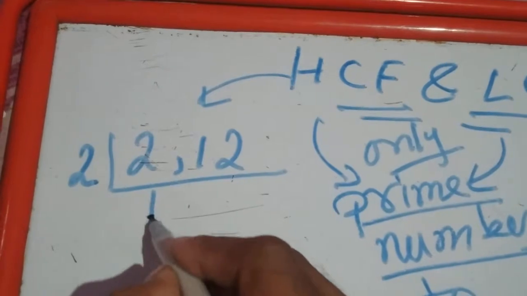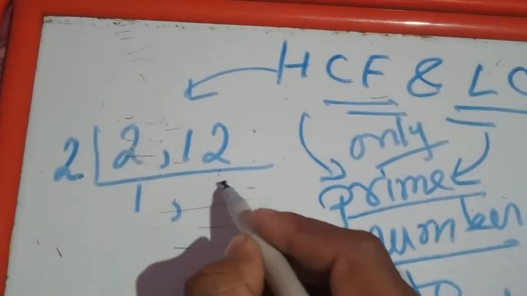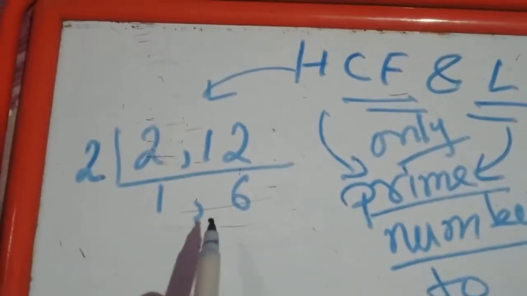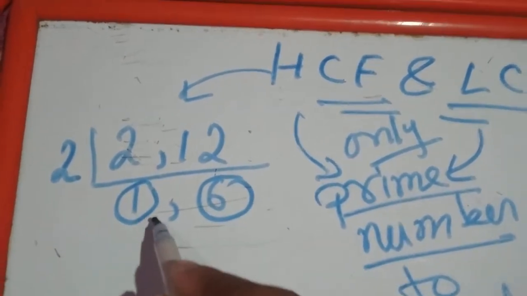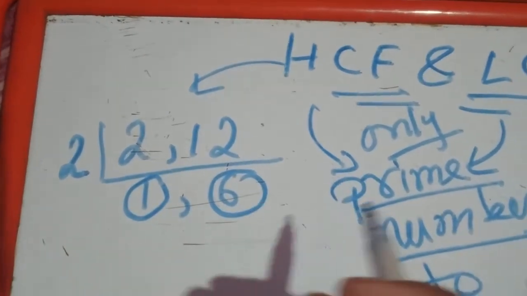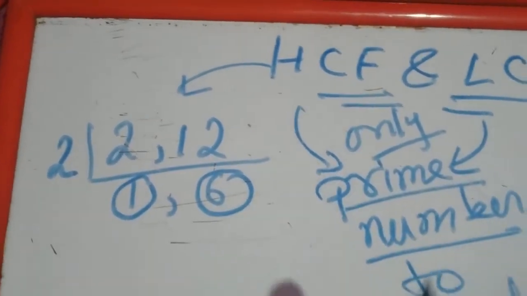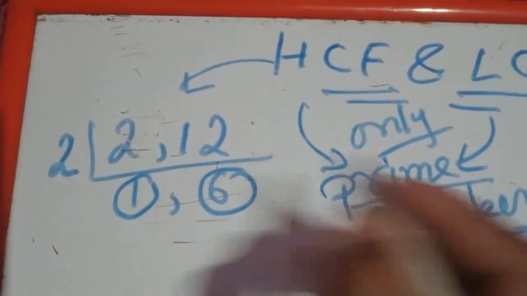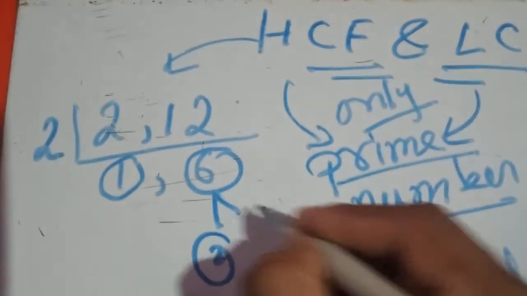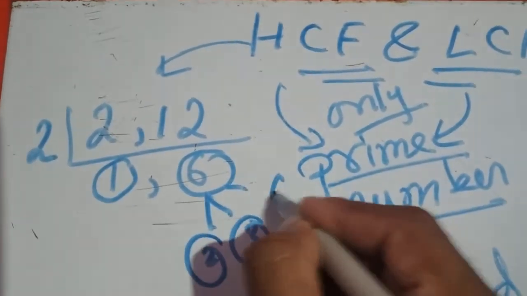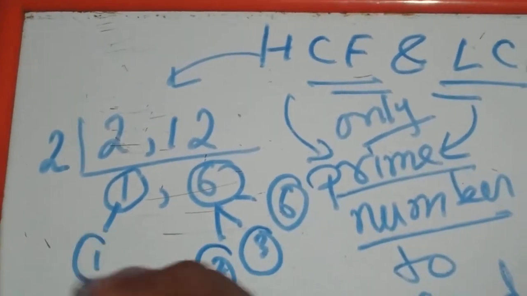We divide and get 1 and 6. Then what we see here is 1 and 6. Both are different. 1 comes only in the table of 1, and 6 comes in the tables of 2, 3 and 6.